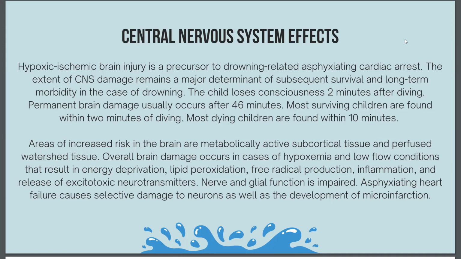In contrast, drowning that is associated with prolonged hypoxia and/or ischemia is likely to lead to both significant primary injury and secondary injury, especially in older patients who cannot rapidly achieve core hypothermia.